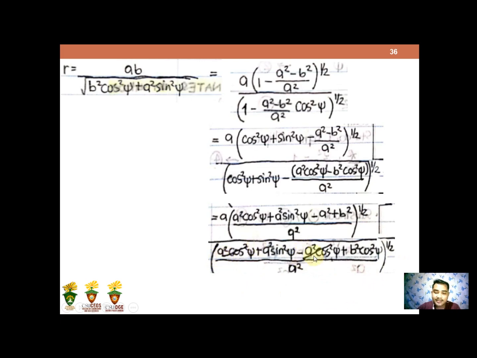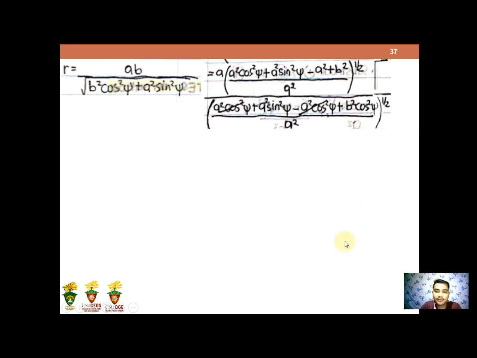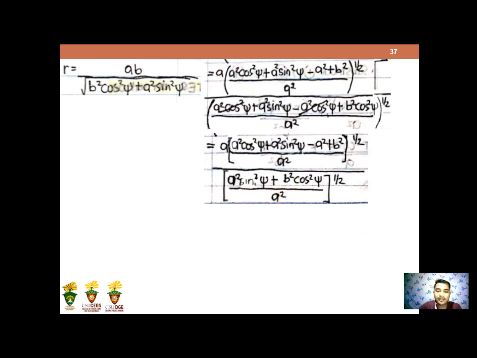It cancels. So the equation becomes: a times a squared cosine squared geocentric latitude plus a squared sine squared geocentric latitude minus a squared plus b squared over a squared, all raised to the power of 1/2.